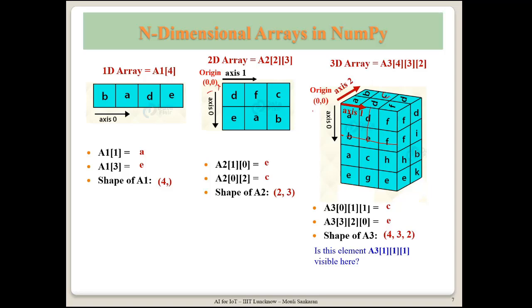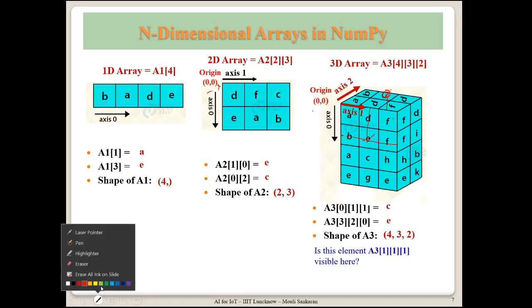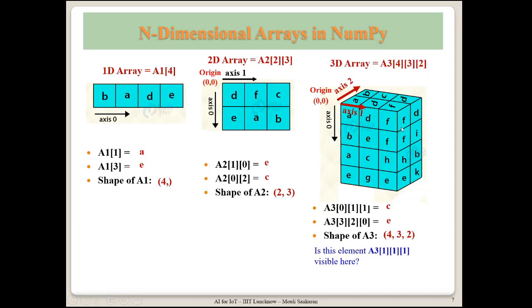That means it is the element below or adjacent to E, below this element, which is not seen here. You cannot assume that the same value is under the cube. It's not a cube, but it's a shape that you cannot assume, so it is not visible.